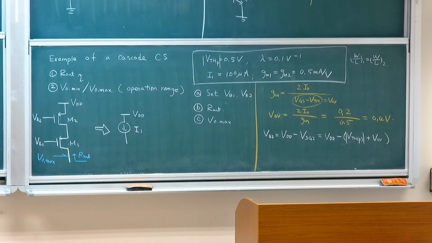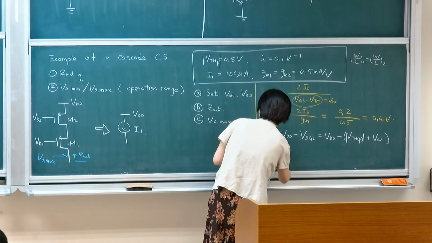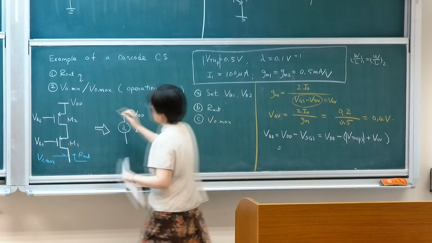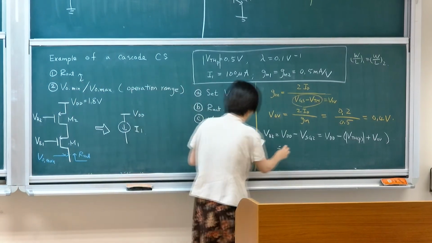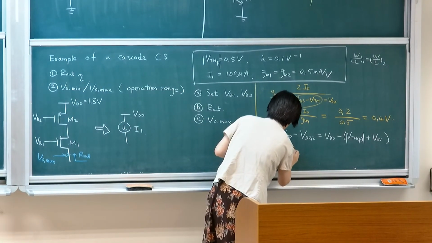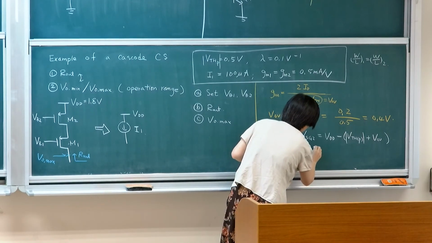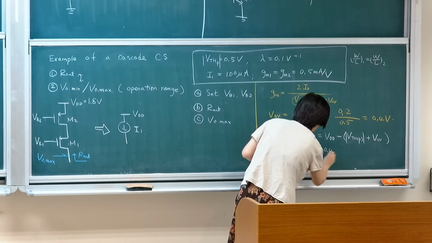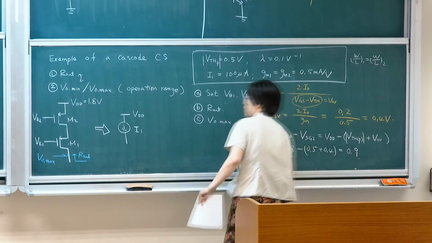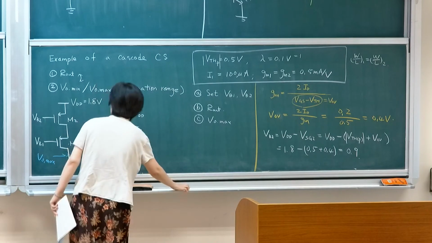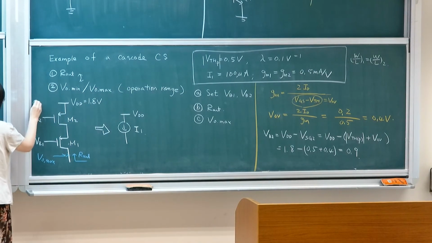So this will give me, did I give the voltage? This is 1.8 volt. So this is 1.8 minus 0.5 plus 0.4. This will be 0.9. So this already tells me that this bias is set to 0.9 volt.